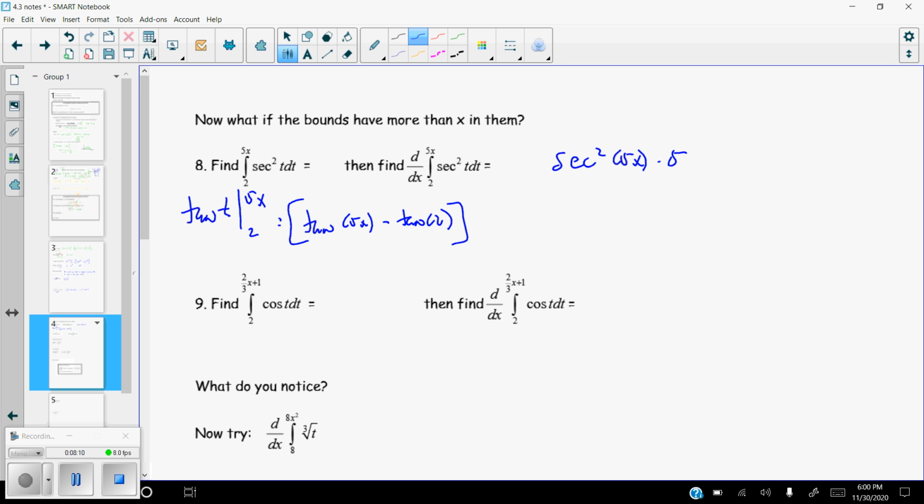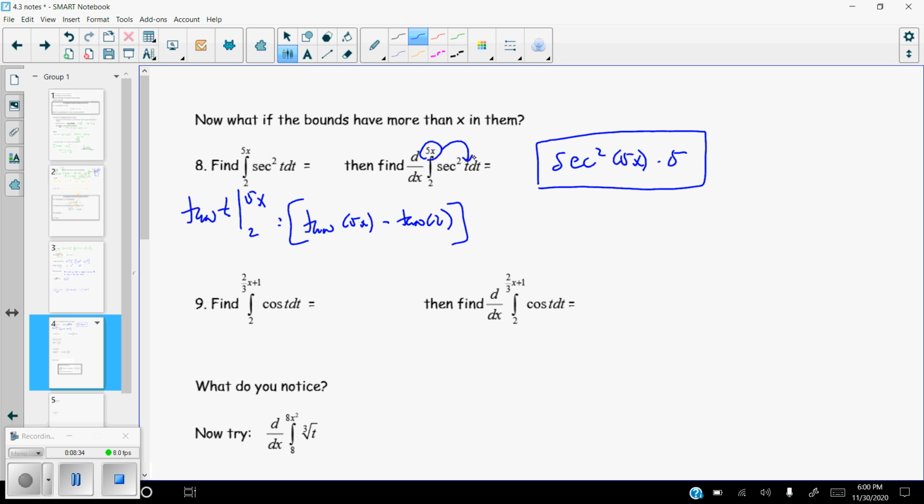Tangent of 2 is a constant, so that's 0. So the biggest takeaway from this one is that the bound was not just x. So what we do is we take this, plug it in for the t, same thing, but then we have to remember to multiply by the derivative of the bound, which in this case was 5.